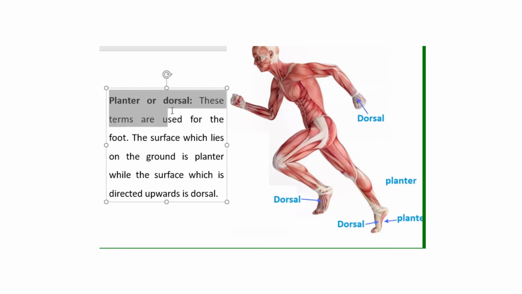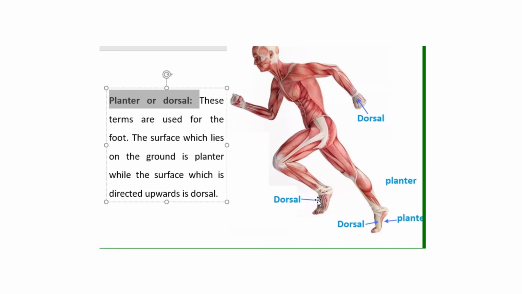The same applies to plantar and dorsal. A plantar point is on the plantar surface of the sole, which touches the ground in the anatomical position. Dorsal is the dorsal surface of the foot.